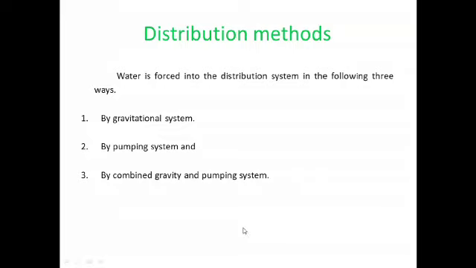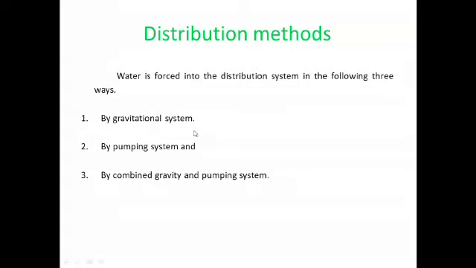So what I mean by this is, in the first case the water is drawn and distributed only through gravity. Through gravity the water is going to flow in the distribution or supply pipelines and it reaches the end user or the consumer.